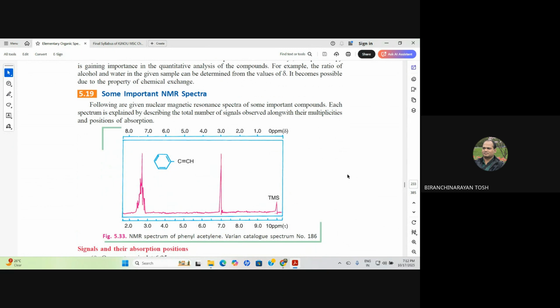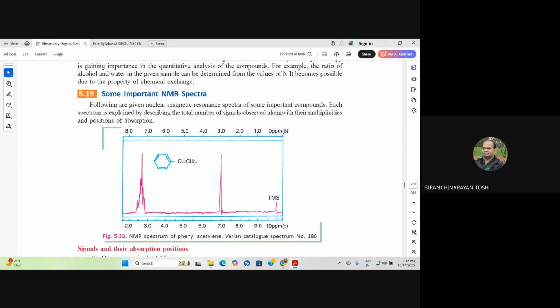Phenylacetylene. So what are the different types of proton here?